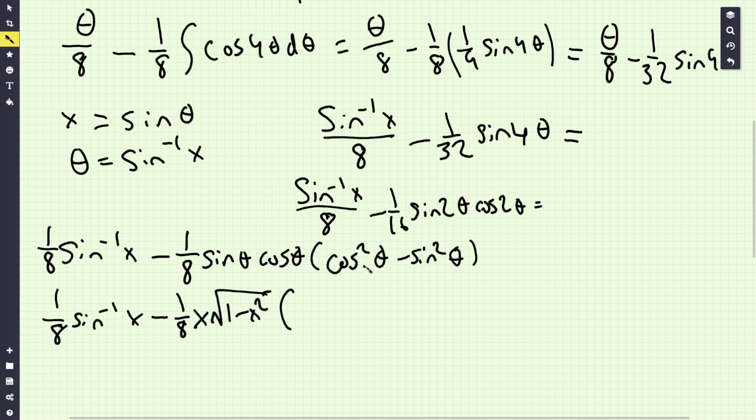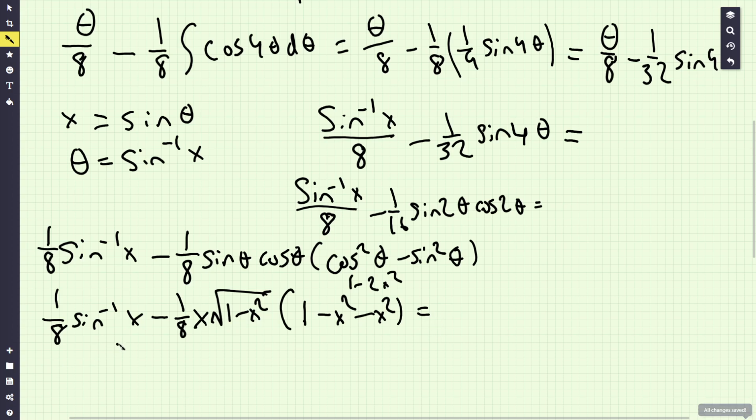So cosine squared of that is just the square root of 1 minus x squared, squared, so that's just 1 minus x squared. Sine squared theta can be rewritten as sine theta squared, but we know sine theta is sine of inverse sine of x, so it's just going to end up being x squared. So this is 1 minus 2x squared.